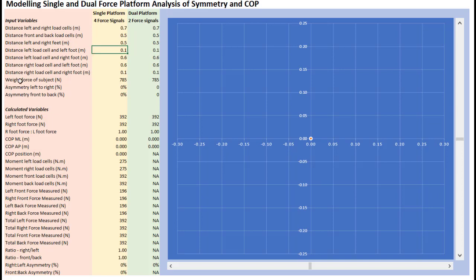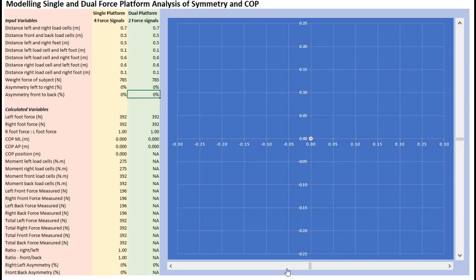We've also entered in the weight force of the participant here at 785 newtons. I've placed sliders here so that you can change the actual asymmetry. In other words, the difference between the left and right or front and back application of force here.